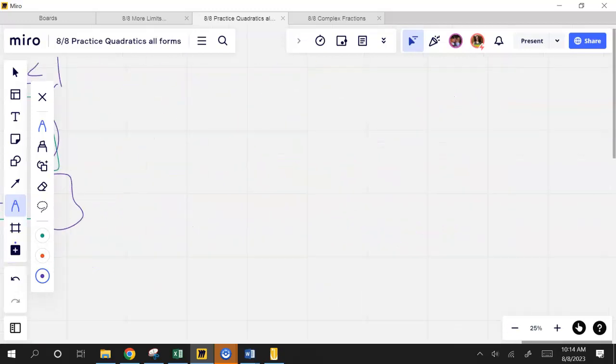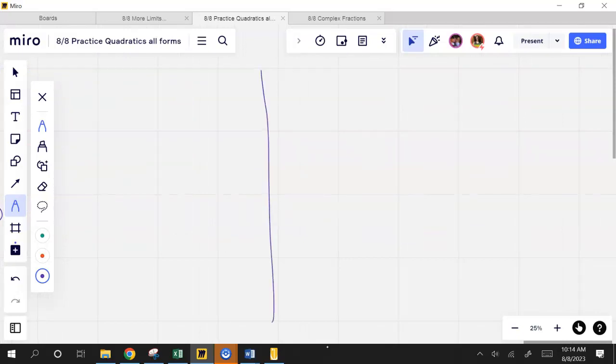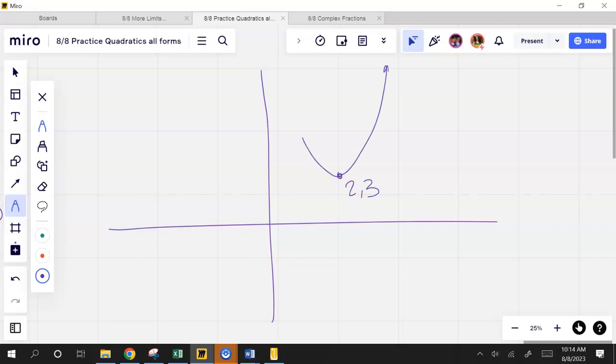What's nice about parabolas is the domain is the same on every single parabola, always. What is the domain? All real numbers. How do I say that? Negative infinity to infinity.